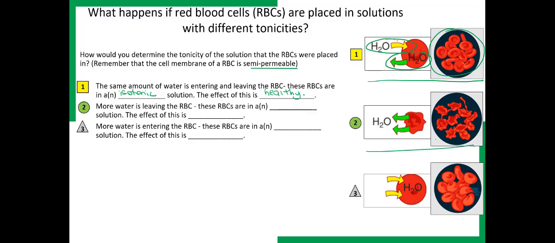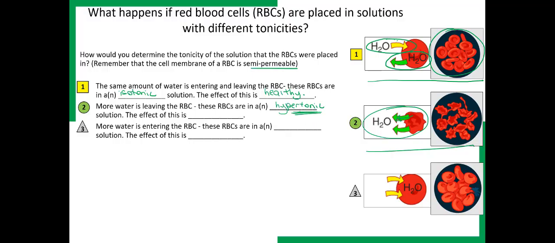In the second example, there's a lot of water that moves out of the red blood cells into the surrounding solution. Again, water moves from a region of high concentration to low concentration, so I'm going to guess that the red blood cells were placed in a hypertonic solution, and the hypertonic solution is diluted by moving water out of the red blood cells into the beaker.